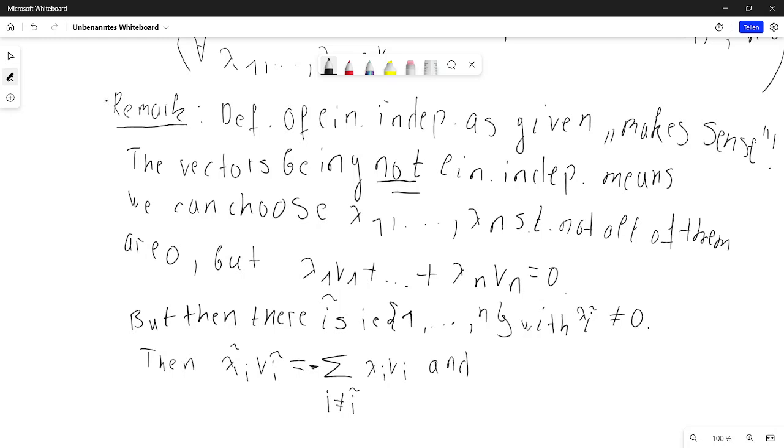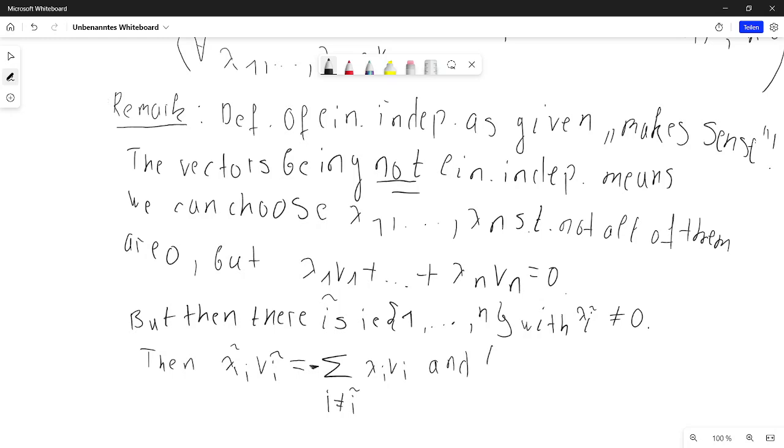I have brought that all on the other side and written it as a sum. And that's why here is a minus, because I had to subtract on both sides.